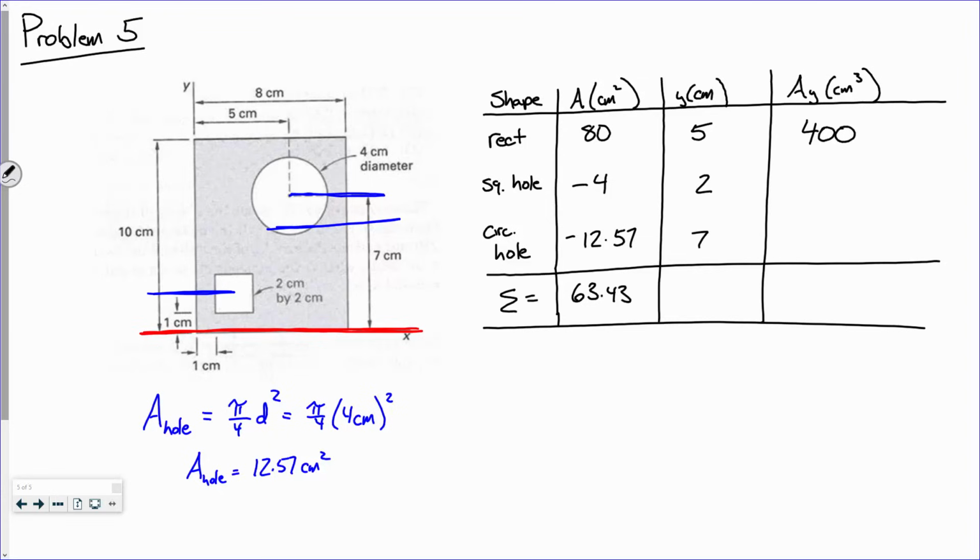All right. What is negative 4 times 2? What is negative 12.57 times 7? 0.99, something like that? Now, I want you to sum all these up.